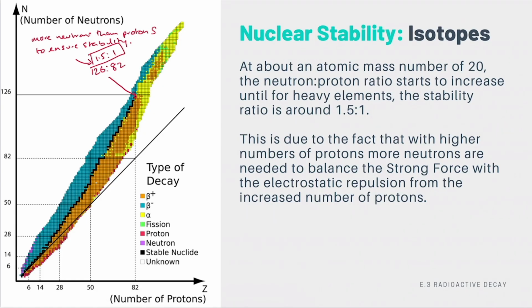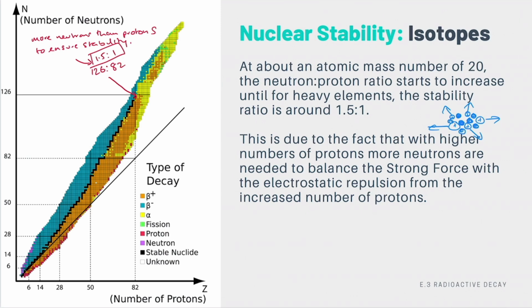Why is that? Well, it's because there are more protons, and these protons have all got their positive charges. The more protons there are, the more electrostatic repulsive force there is within that nucleus. What's needed to balance that out are very stable neutrons, all bringing their own version of the strong force to hold it together.